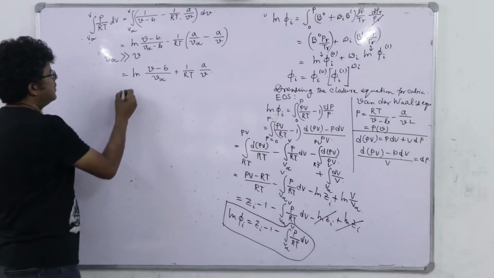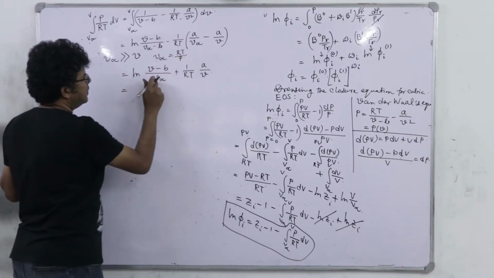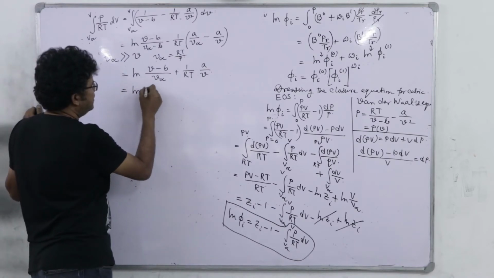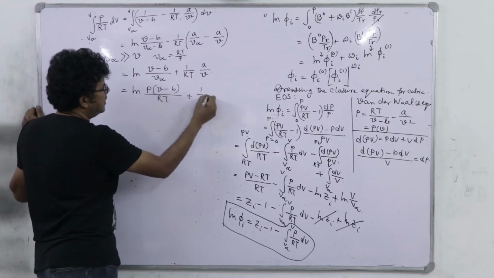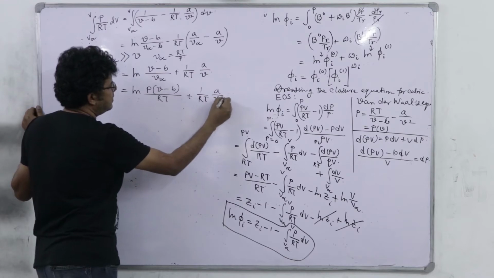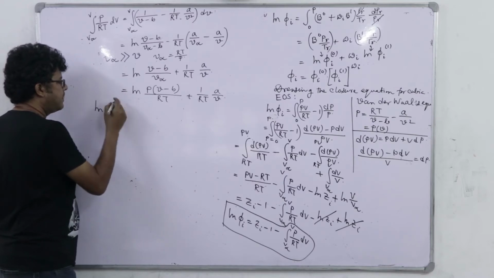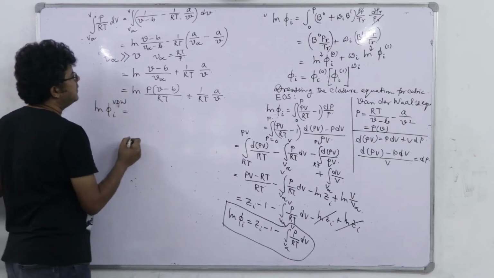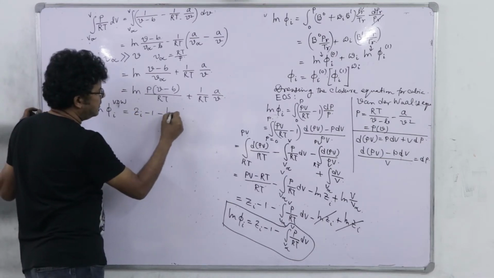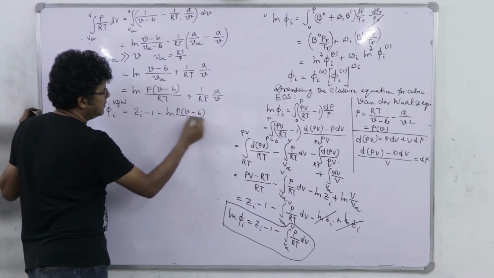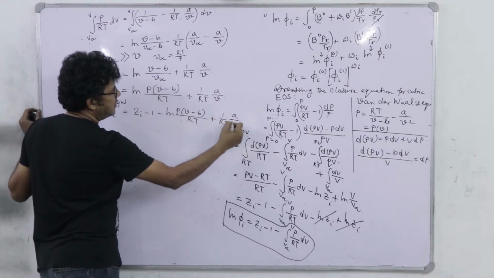So, this V infinity is again RT by P. So, you can substitute it here and we can write P into V minus b divided by RT plus 1 by RT a by V. So ln phi i according to van der Waals is this expression: Zi minus 1 minus ln of P(V minus b) divided by RT plus 1 by RT a by V square.